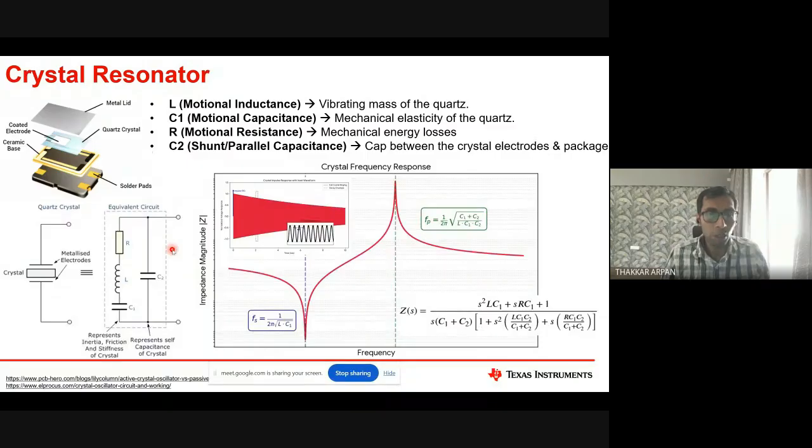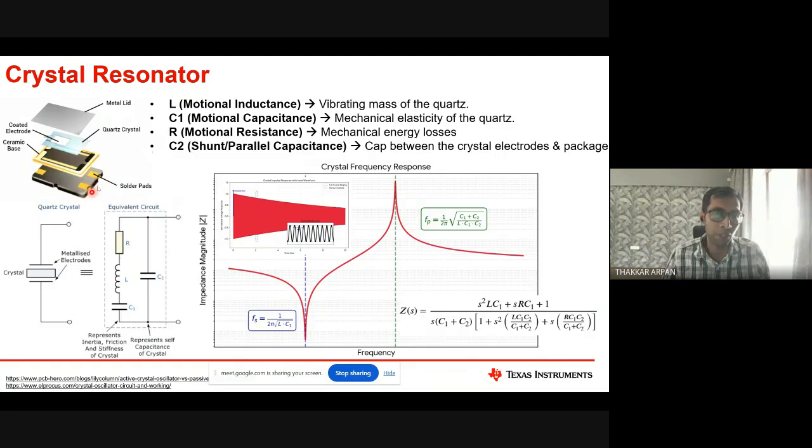Okay. So now let's say what is this L? That represents the vibrating mass of the quartz. So this is L. Now C1 is a motional capacitance, they call it. R is a motional resistance, and C2 is actually a capacitance.